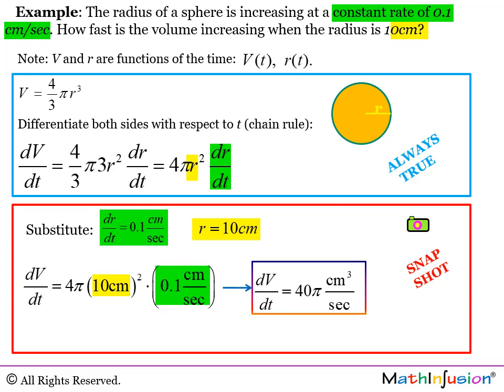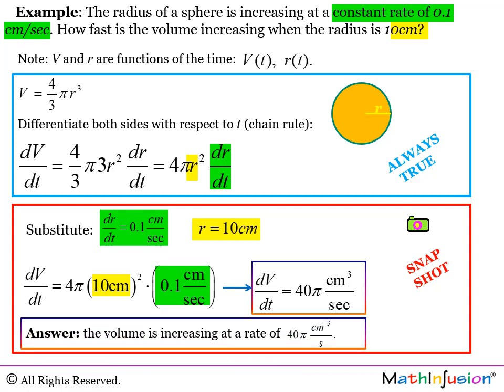You can check the units if you write in units as I did in this problem. The units are centimeter to the power of 2 times centimeter over second, which is really cubic centimeter per second. It's a really nice way to check your math. Now we can answer. The volume is increasing at the rate of 40 pi cubic centimeter per second.